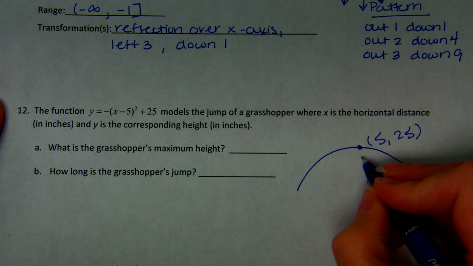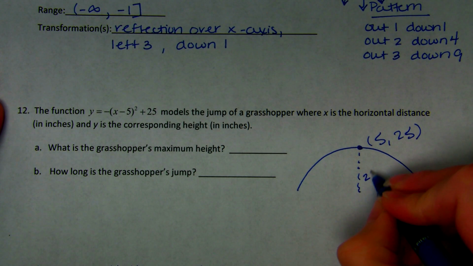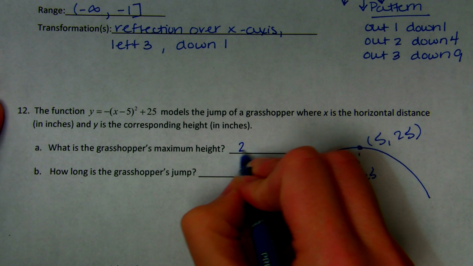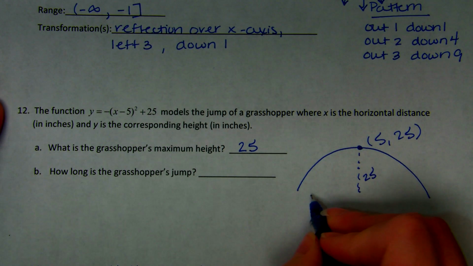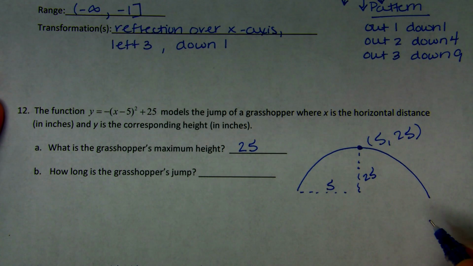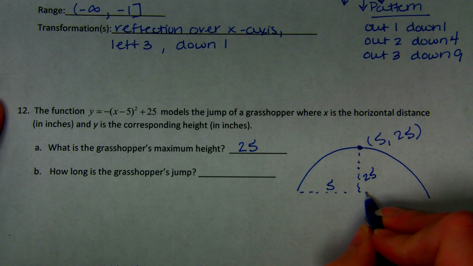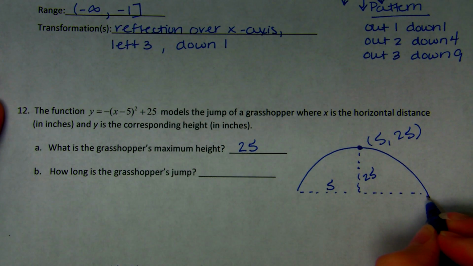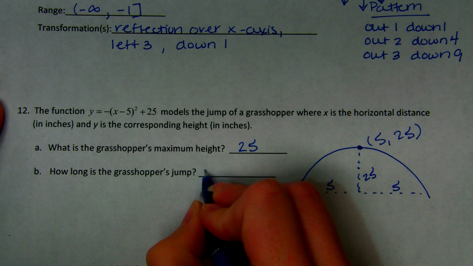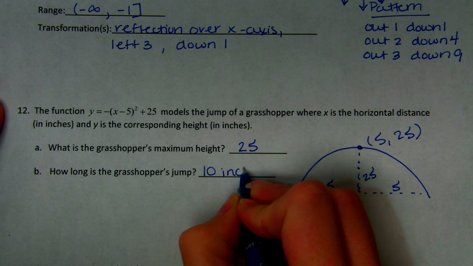So the grasshopper's maximum height is 25, because that's my y value for my vertex. And the grasshopper's distance, well, to get to that vertex, the grasshopper went 5 inches. So to get all the way to the end of his jump, he's going to have to go another 5 inches. So the grasshopper's jump is 10 inches long.